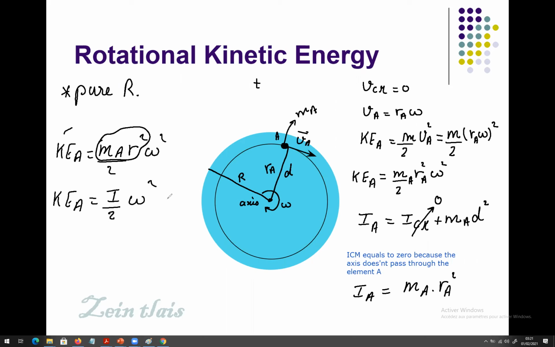So this is the rotational kinetic energy, and you have the linear kinetic energy, half mv square, okay? Like this, we can use the kinetic energy directly in the case of pure rotation. Be careful, I take the case of pure rotation.